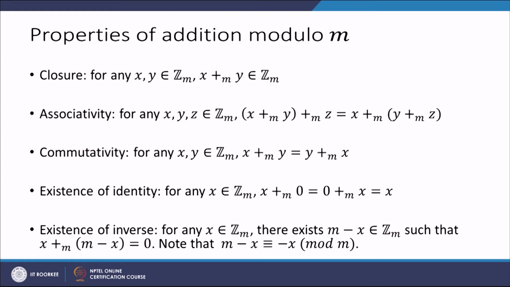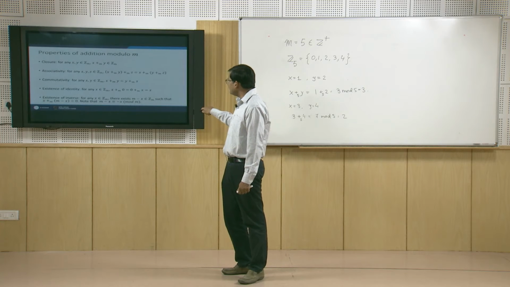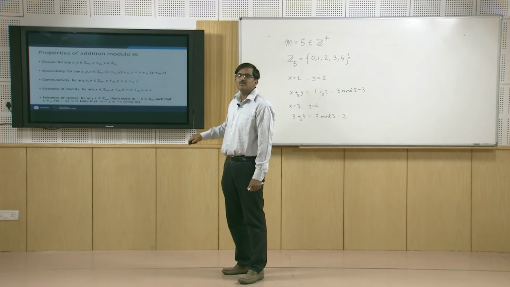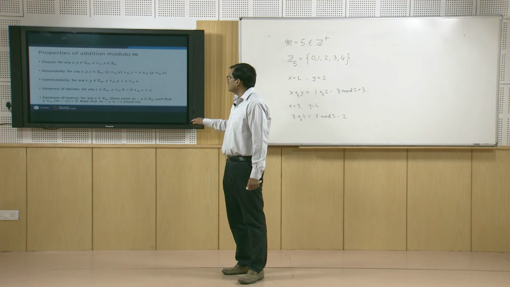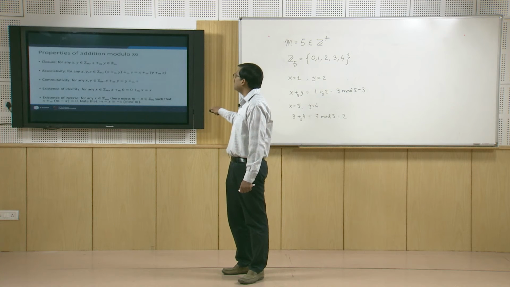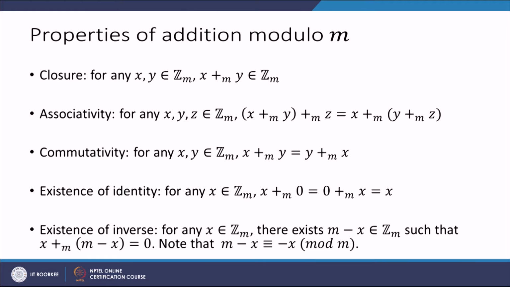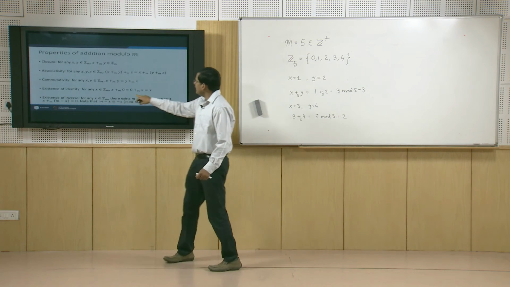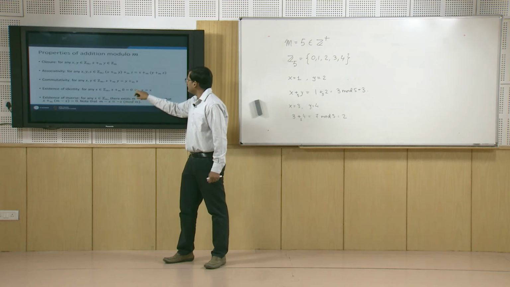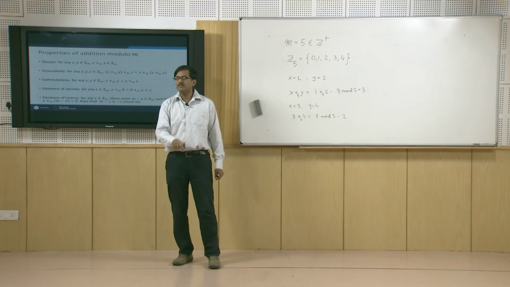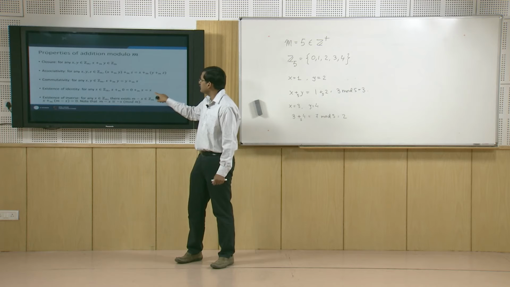These are very easy consequences, or easy properties basically. And at the end there are two interesting properties. One is extremely easy, because we will always have 0. So, if I add any x to 0 or 0 to x modulo m, I am going to get x.